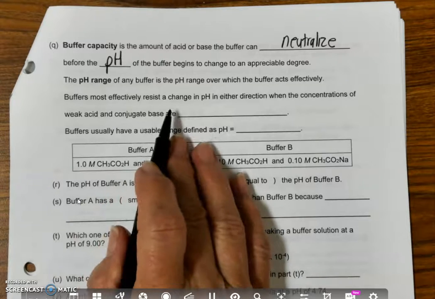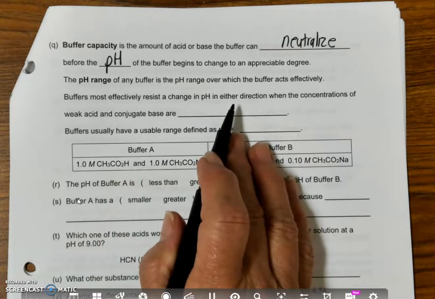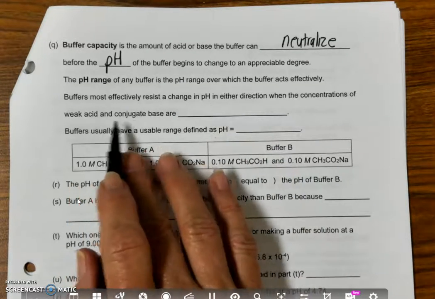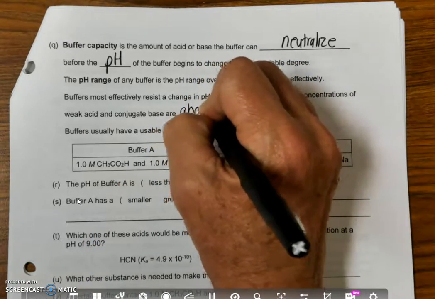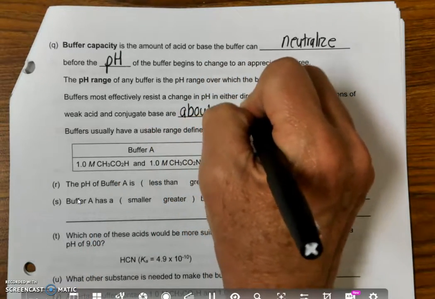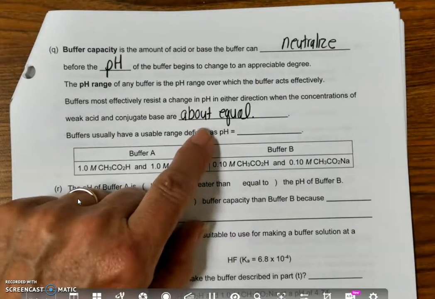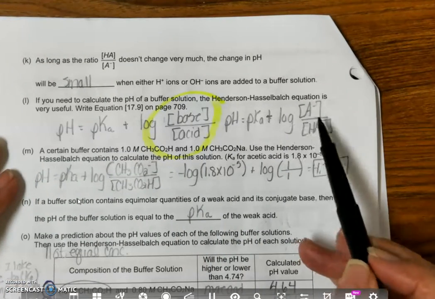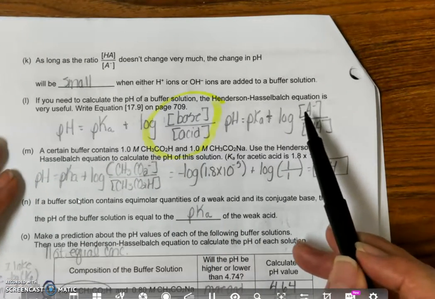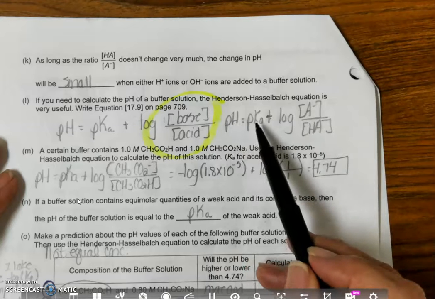Now, buffers resist change in either direction when the concentrations of the weak acid and the conjugate base are about equal. We learned that when they're about equal, the log term is pretty close to 0 and the pH is constant.